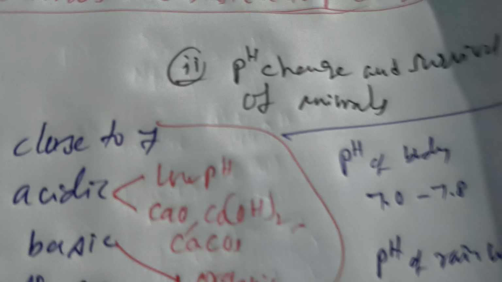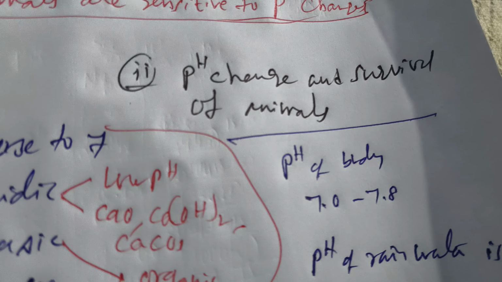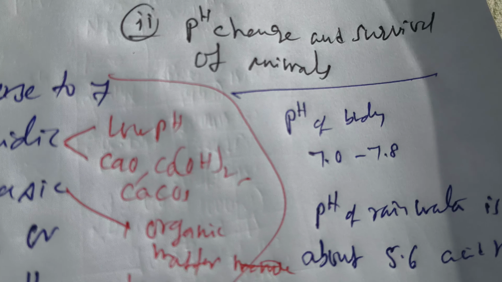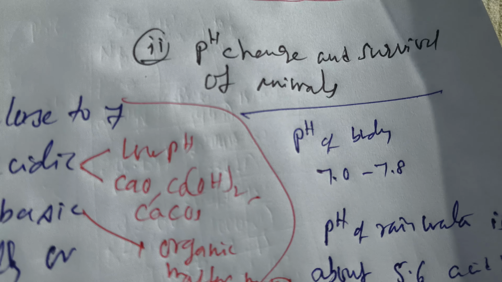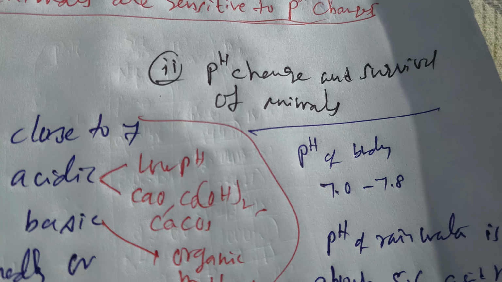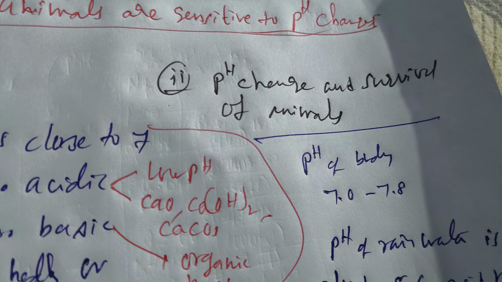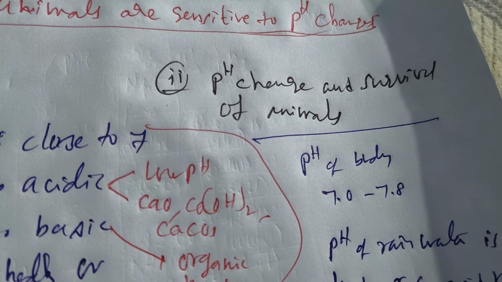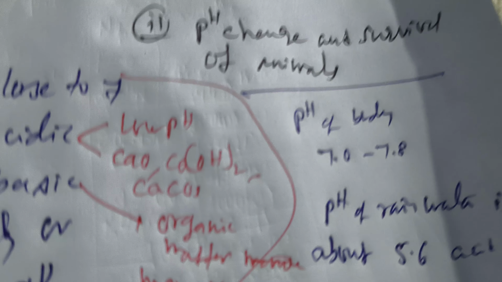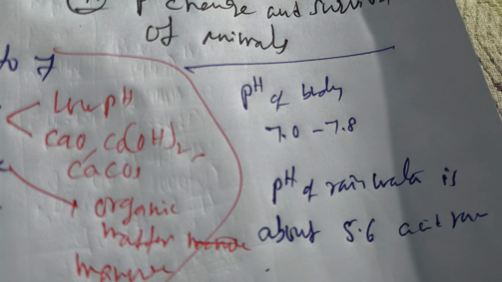Then the next one, pH change and survival of animals. The pH plays an important role in the survival of animals, including human beings. Our body works well within a narrow pH range of 7 to 7.8.